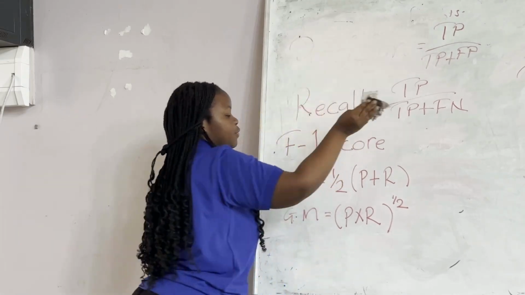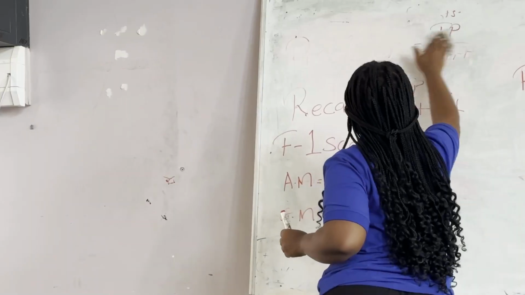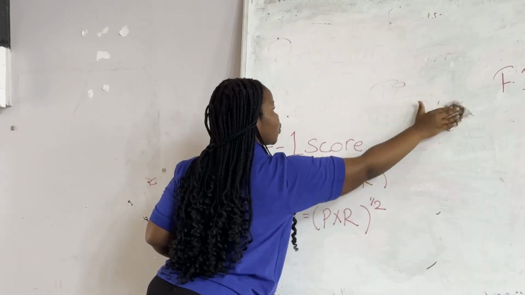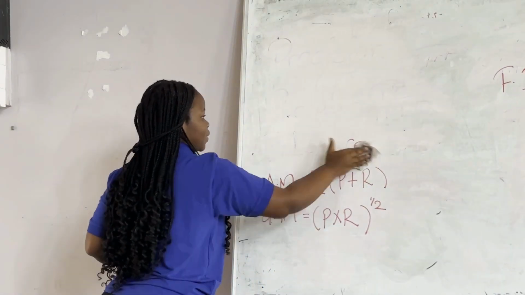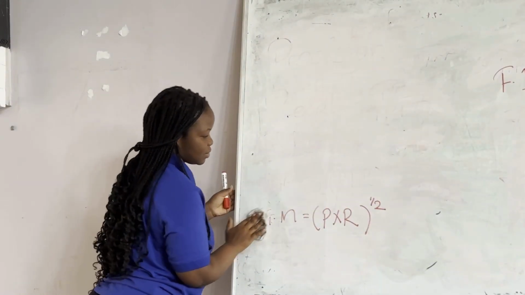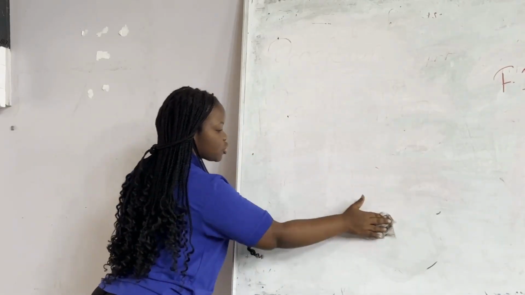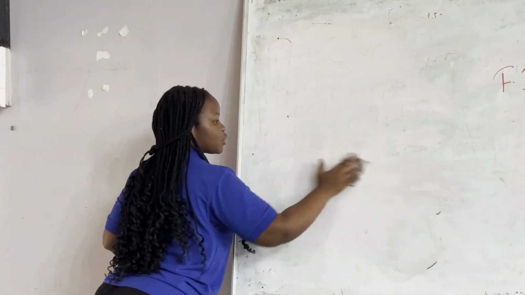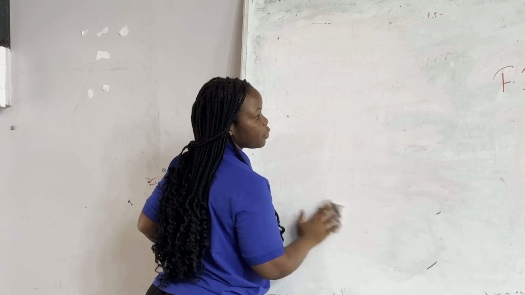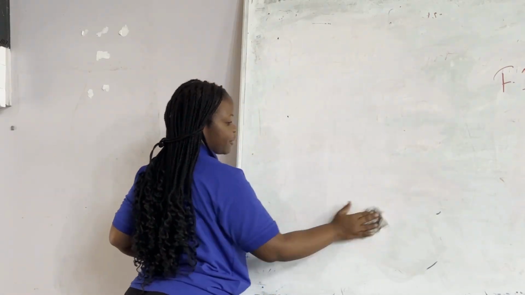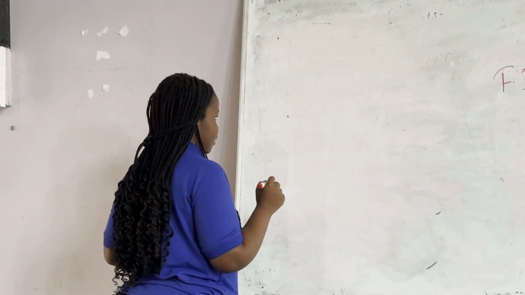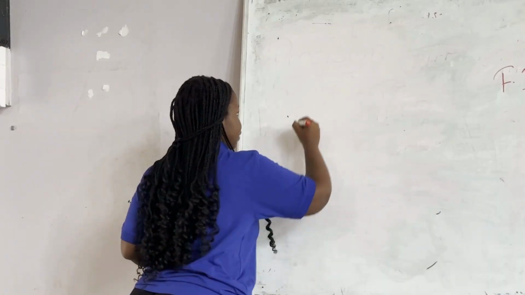The true positive plus false positive is basically a total of how many were classified in the cat class, whether they were cats or not cats. The arithmetic mean and geometric mean are other ways in which we would try to find a balance between the precision and recall, but the F1 score works better.